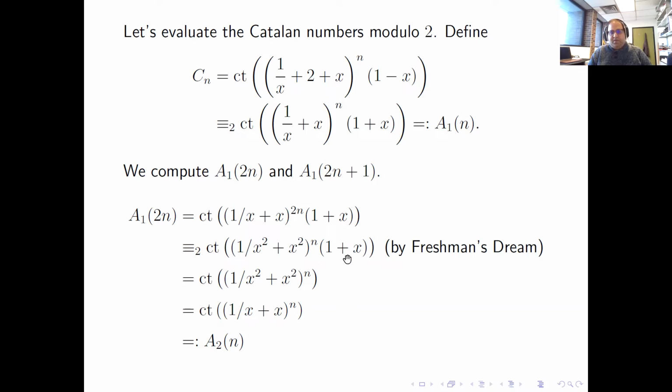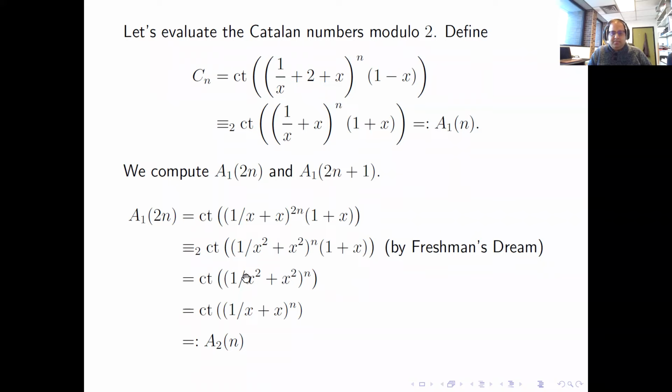When I multiply by 1 plus x, I can ignore the multiplication by x because that turns all the coefficients odd. And I'm interested in the constant term, right? So I don't care about any of the exponents that are odd. So I can ignore the multiplication by x. I just multiply by the 1.